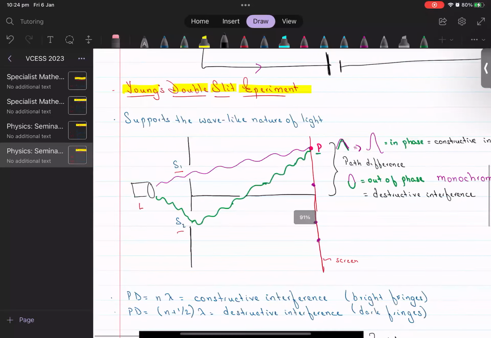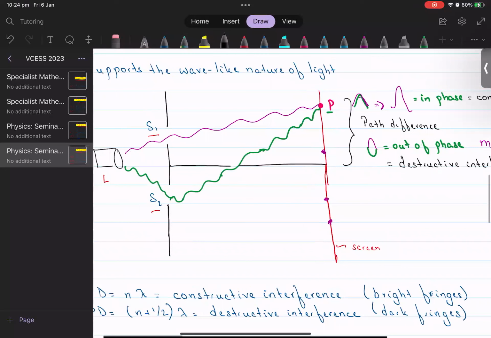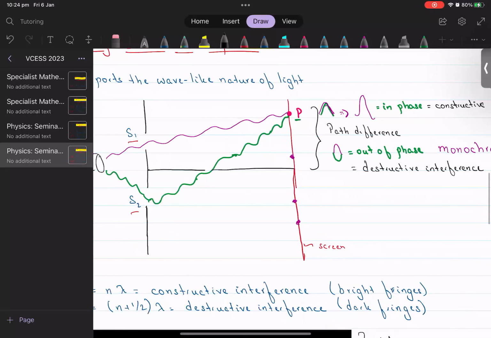So another quantity that's really important when we're working with this experiment is that of path difference. Path difference refers, in a rough sense, to the difference in the distance traveled by each of those two waves.